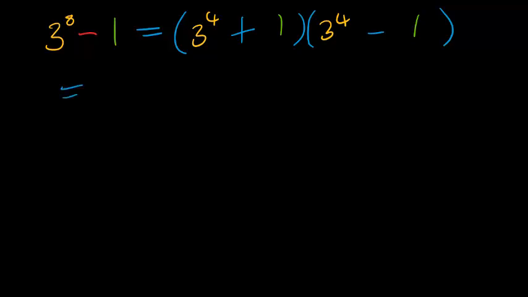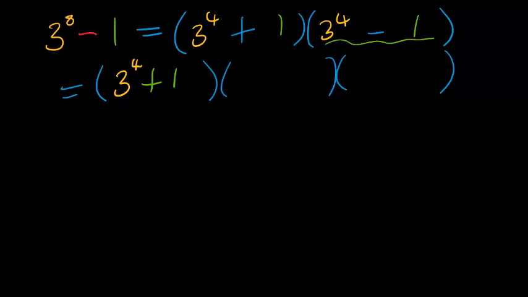So our second line is going to be our first bracket is 3 to the power of 4 plus 1, and then our second bracket is a difference of squares, so I can simplify it further. That becomes 3 to the power of 2, 3 to the power of 2, and that can become plus 1 minus 1.